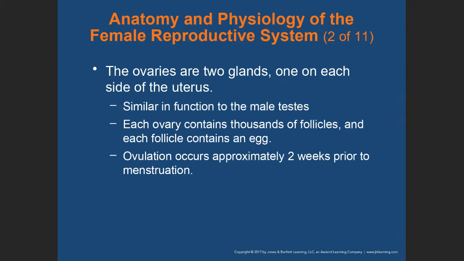As it travels, if it is fertilized, it implants into the wall of the uterus, and there it will develop into an embryo, eventually a fetus, and eventually delivery. If it's not fertilized, then it breaks down and it is removed via the menstrual cycle.